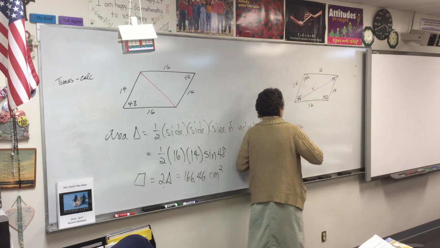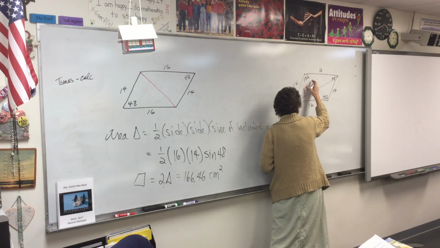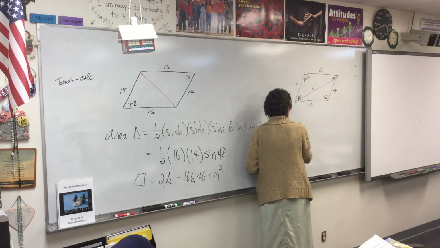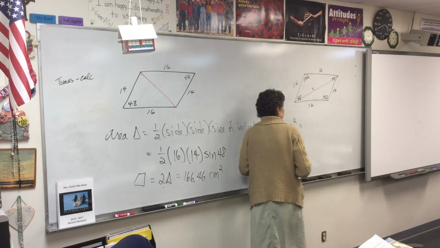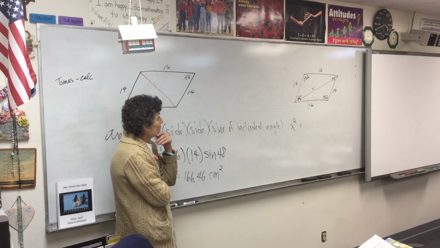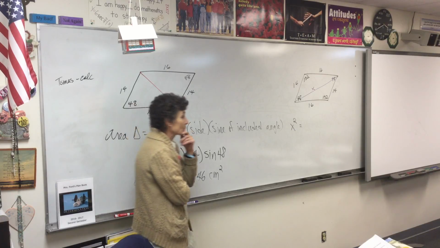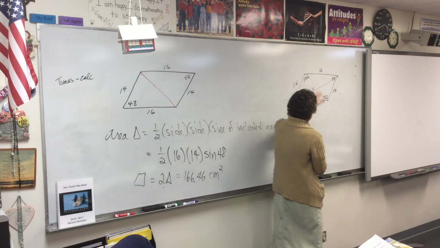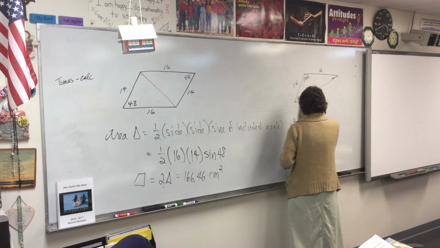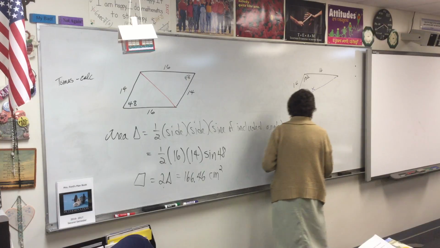So now I've got this triangle right here. I'm looking at the top one. And I'm going to say x squared equals, I'm going to use my law of cosines. Who remembers it? Just in this triangle right here, what would the law of cosines say?